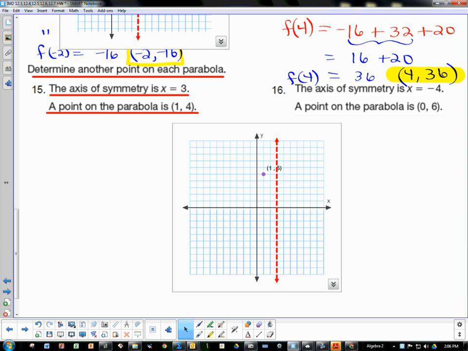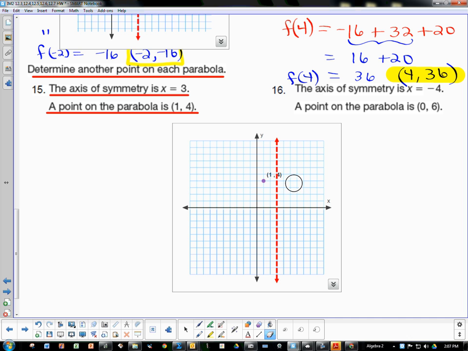There it is. There, that's 1, comma 4. And you'll notice that this point is 2 away from the axis of symmetry. So all we have to do is go 2 to the right. Okay, and that's going to be right here, this point.